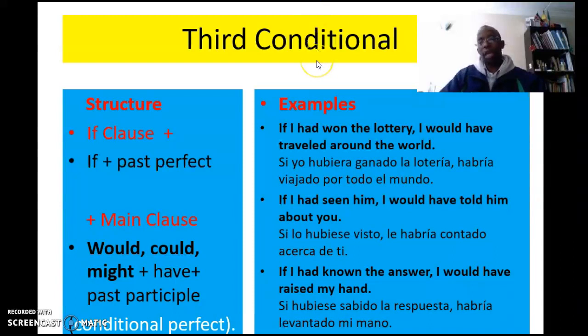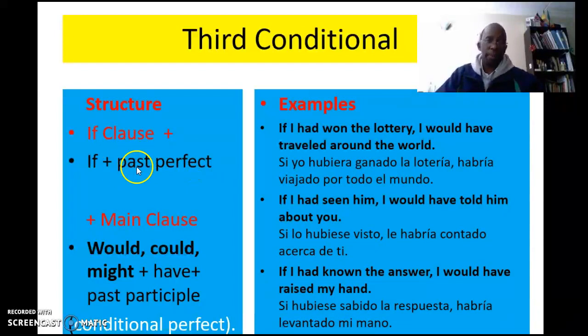Going to the last type of conditional sentences, it's what we call the third conditional. In the third conditional, it's very important to identify that the structure is the if clause plus the main clause. We have if plus the past perfect. Here it changes a little bit, because in the second conditional it takes the simple past, but in the third conditional we add the perfect part.